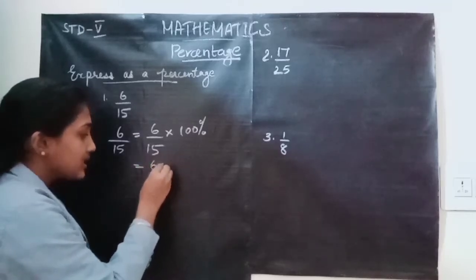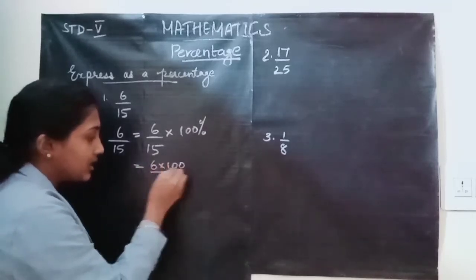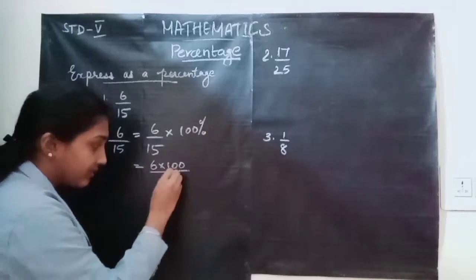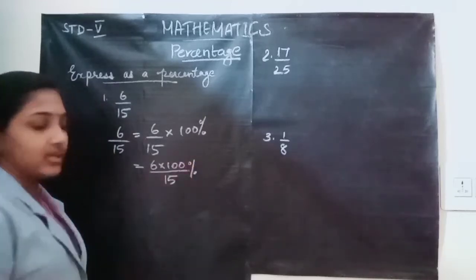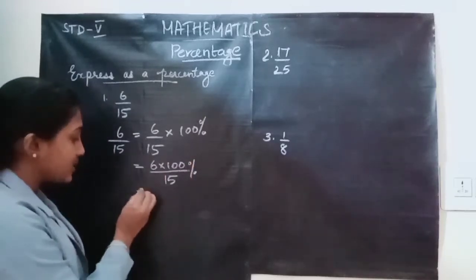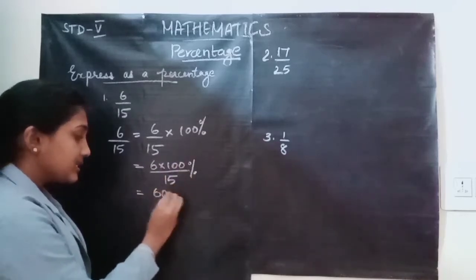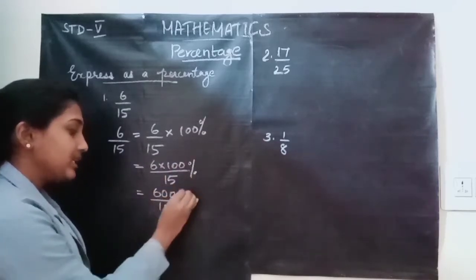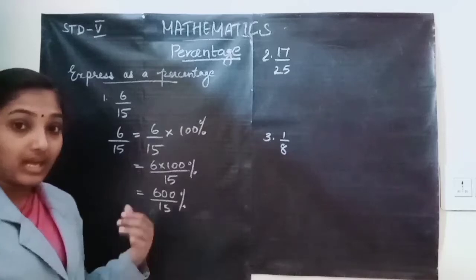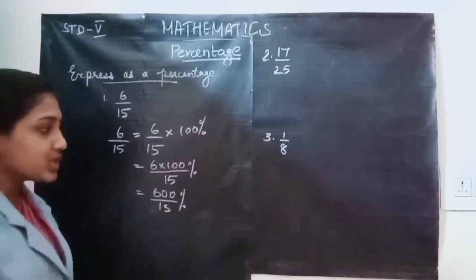So it is 6 into 100 by 15%, and it is 600 by 15%.